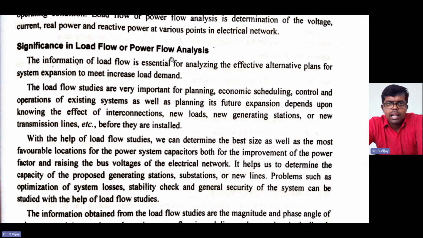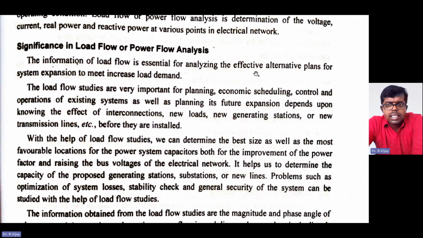Say, for example, at the generator bus you are sending 1500 megawatt, and at the load bus you are receiving, say, 1480 megawatt. Generation is 1500 megawatt, so what is the deficit? 1500 minus 1480, so 20 megawatt is the power deficit.